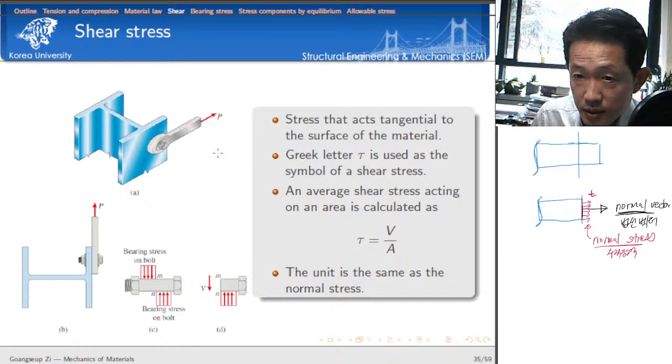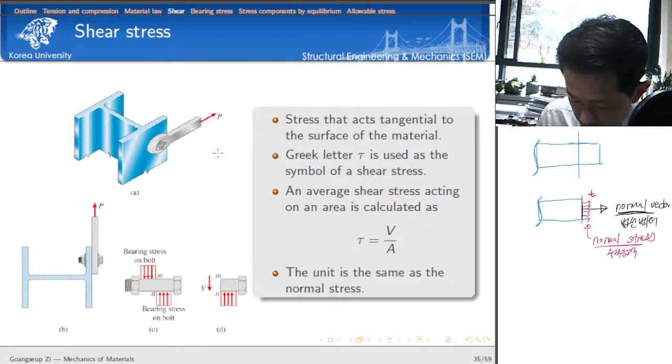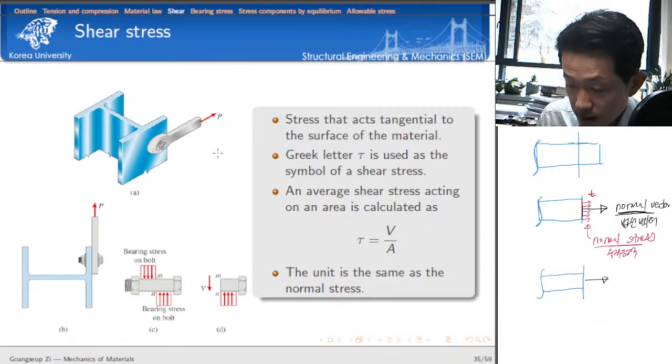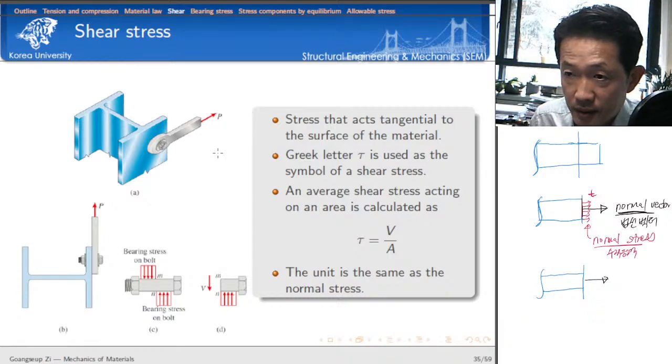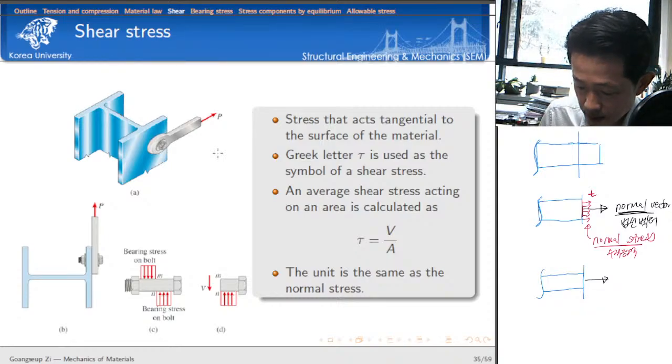Then what is the shear stress? Let's imagine that we have the same cross section, and the direction of the cross section is still characterized by a normal vector. The characterization of the cross section, its direction, is still the same, and we use the normal vector.